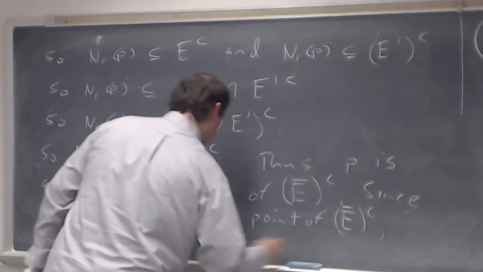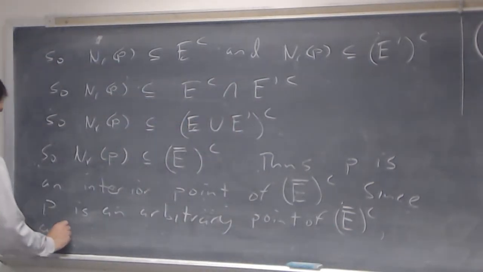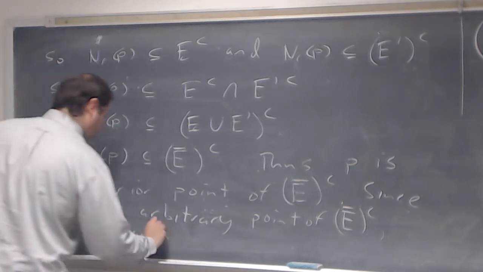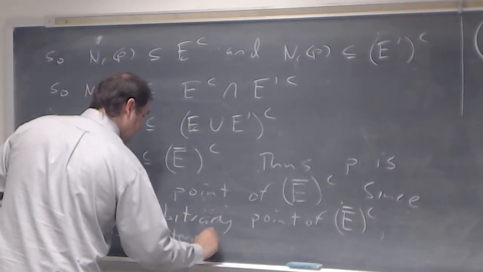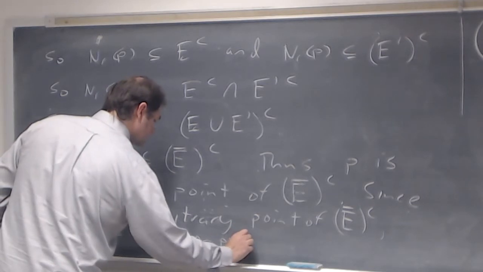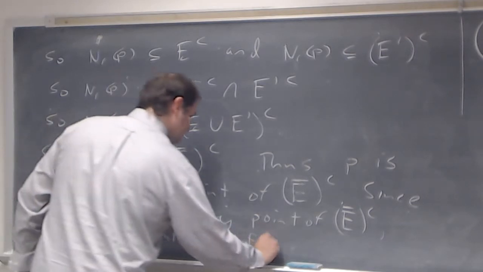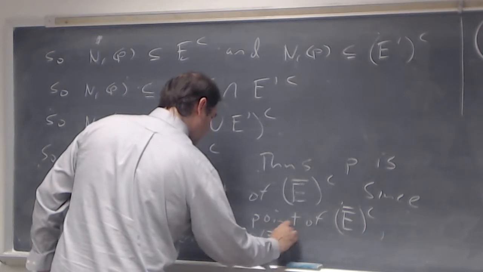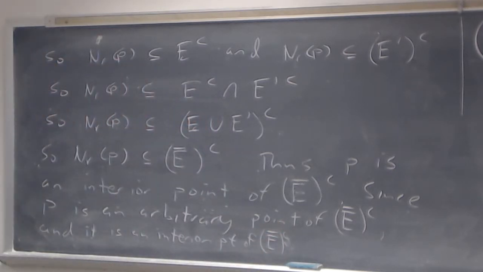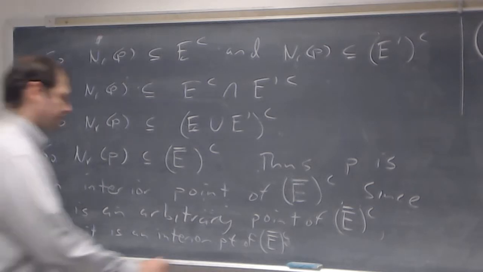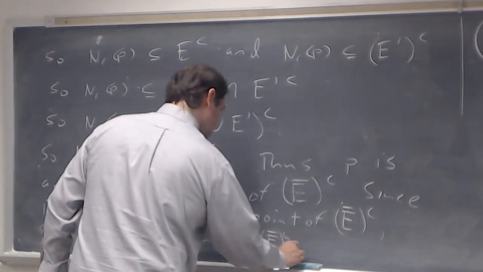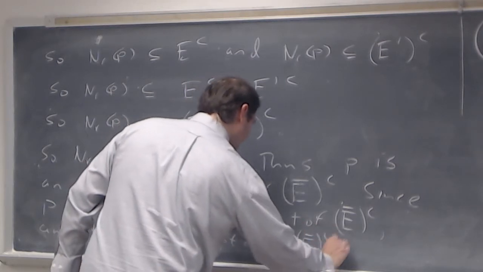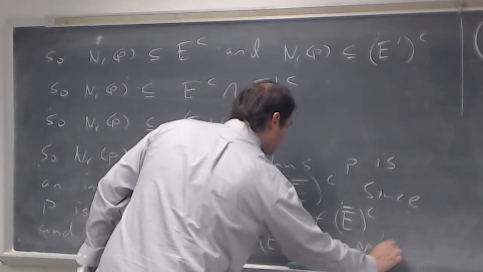That means every point of E closure complement is an interior point. That says this E closure complement is open.